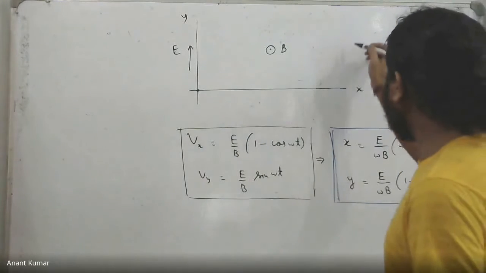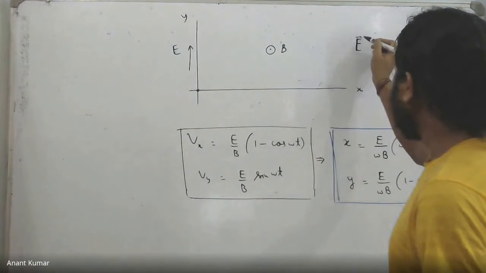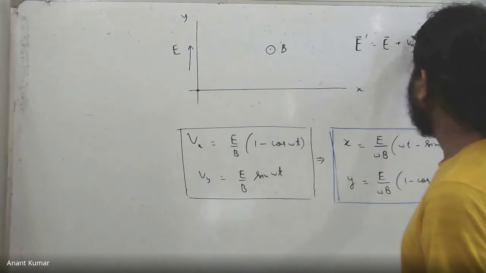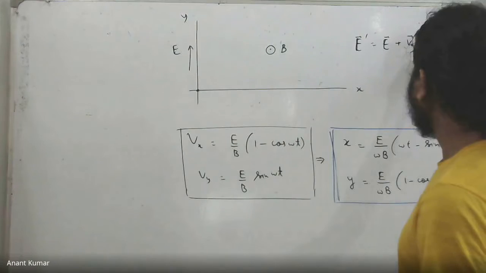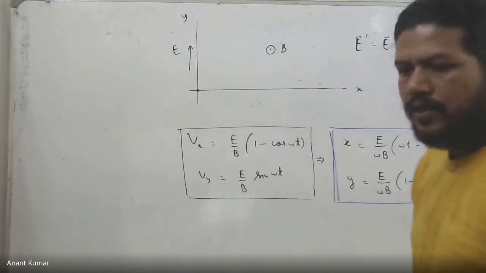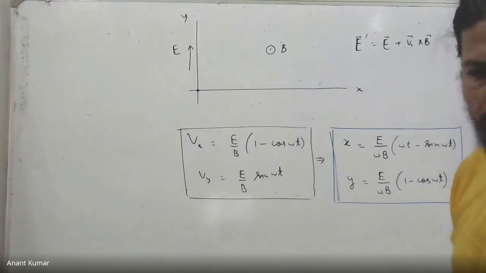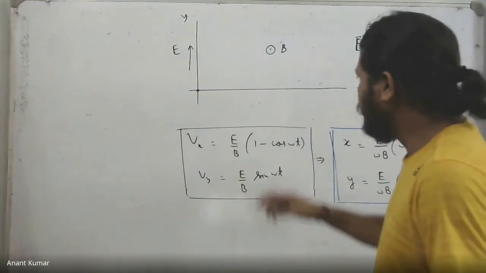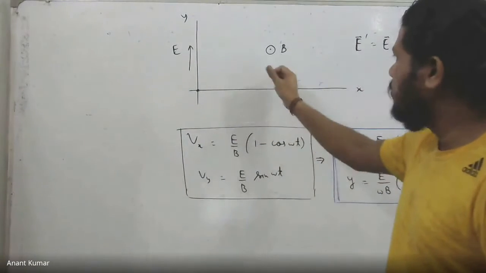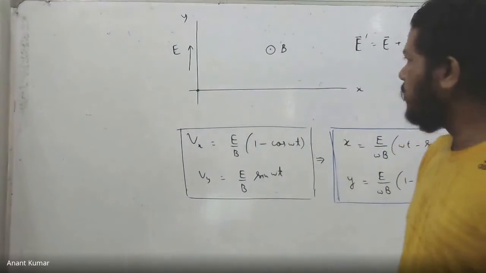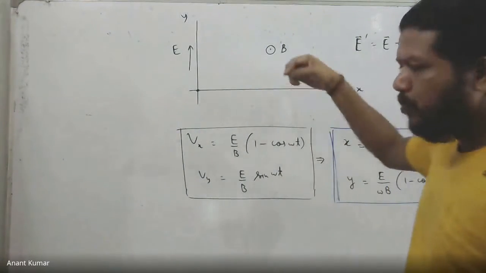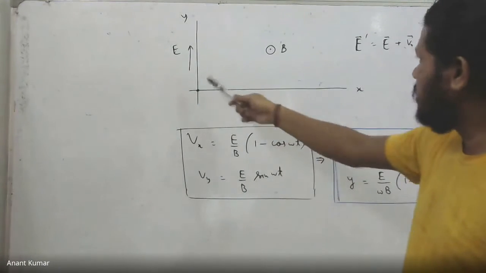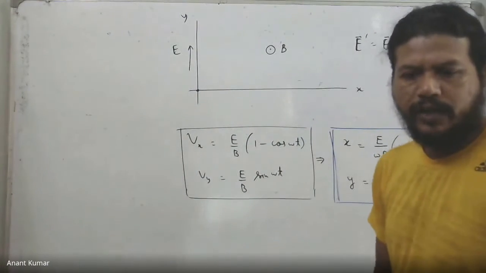Remember that we had obtained earlier that E prime vector is given as E vector plus V naught cross B vector, where V naught was the velocity of the reference frame. In this case, if I choose the reference frame to move, because the B field is coming out, I want V naught cross B to be pointing down so that it is opposite to this given field, and then we can have a chance to make it 0.